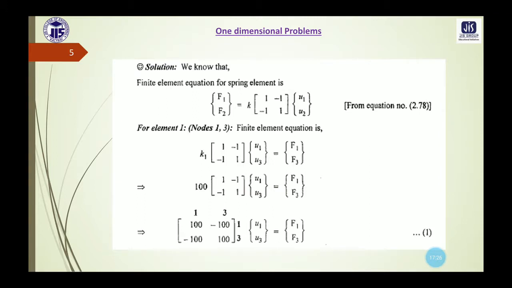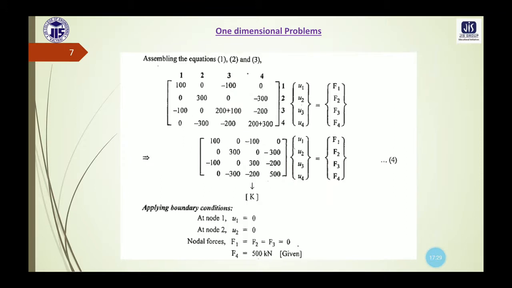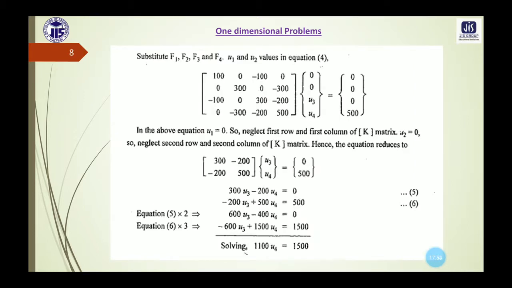After that we assembled these equations and found the 4 by 4 stiffness matrix. In this 4 by 4 stiffness matrix we applied the boundary conditions, where we saw the values of the nodal displacements and the applied forces. From that we found the values of all the nodal displacements and the force vectors.